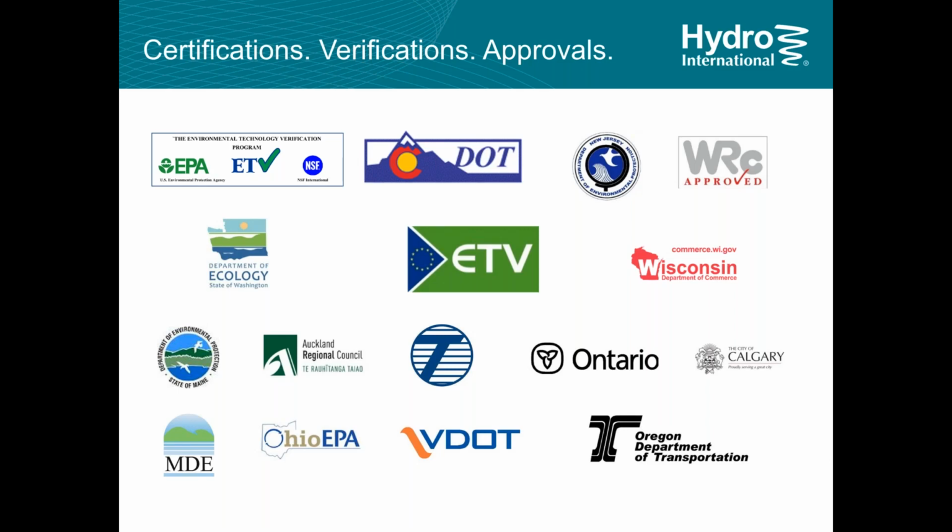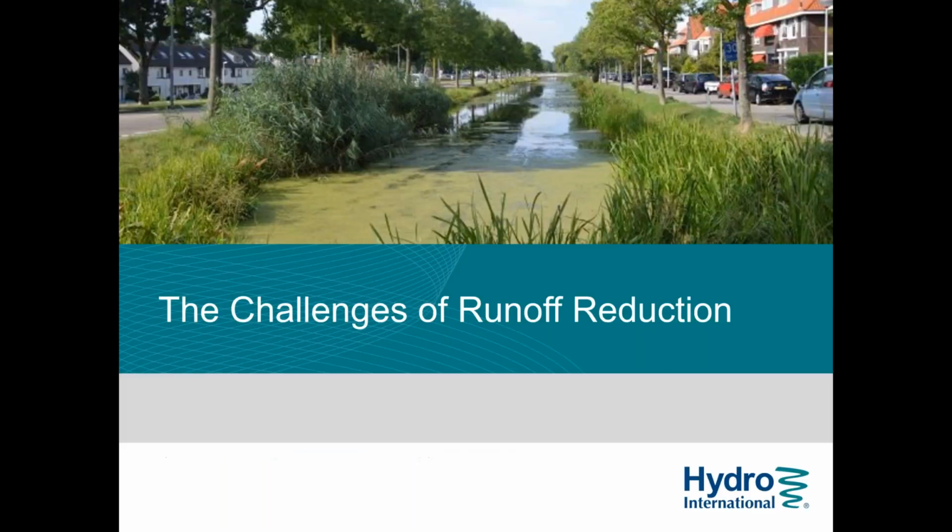And then we work with regulatory and accreditation bodies around the world. And this is a similar sort of situation where we work with them to develop test protocols and work within their protocols to test our products.